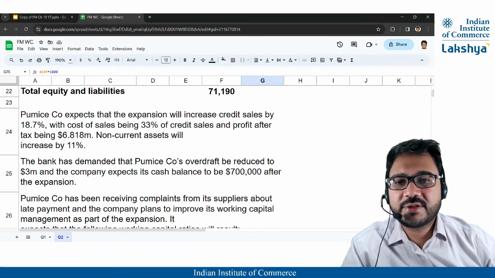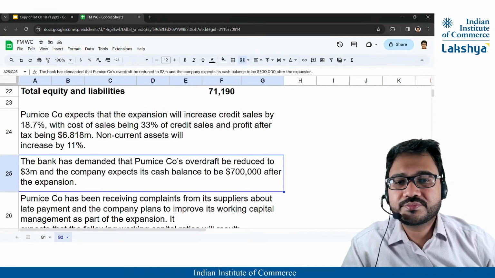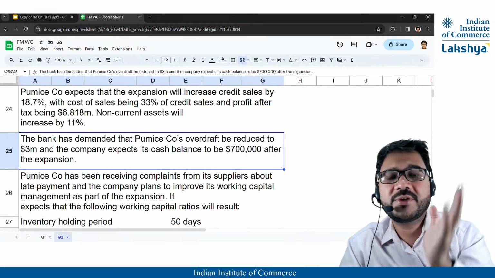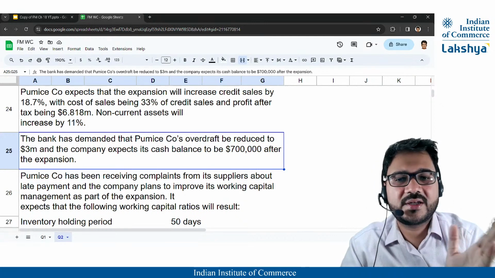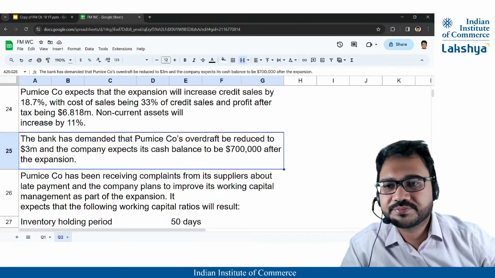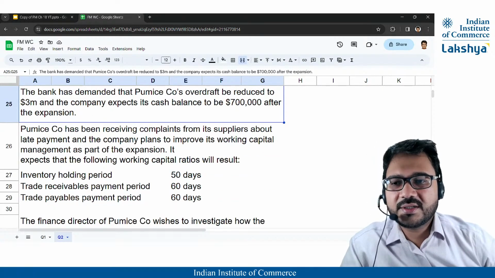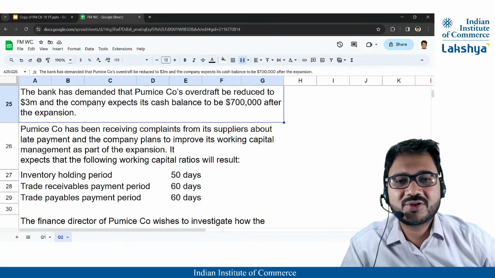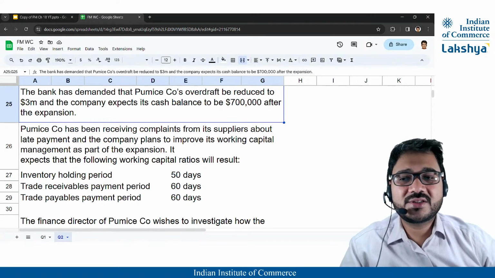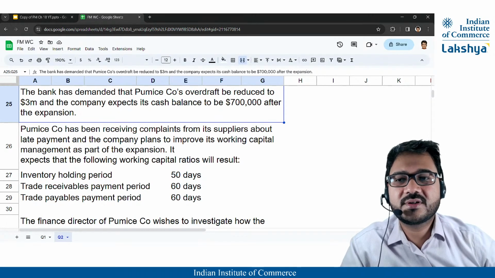What else? Where were we? Yeah. Again, as I said, the questions for you all will be on the left hand side, and it's easy left and right instead of scrolling up and down. Puma's company has been receiving complaints from its suppliers about late payment. So clearly, there seems to be some liquidity based issue with Pumas.